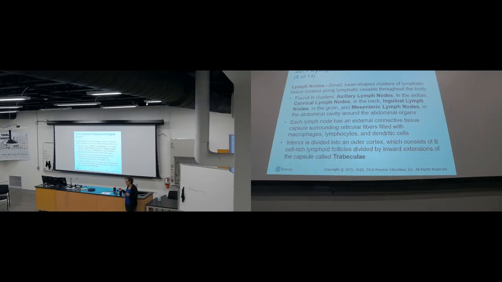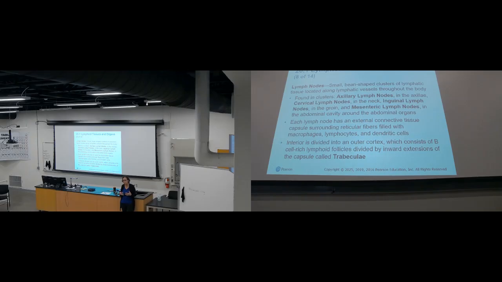And the capsule of these lymph nodes, and also of other organs, is subdivided into tiny segments. This capsule, as it extends collagen fibers to separate these organs into segments, forms what is called the trabecula.